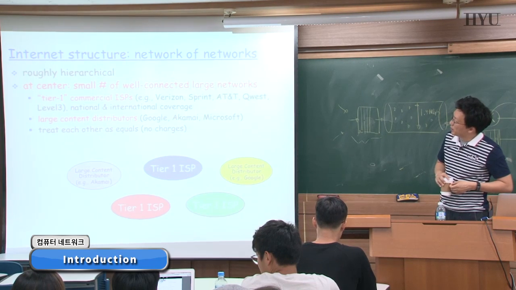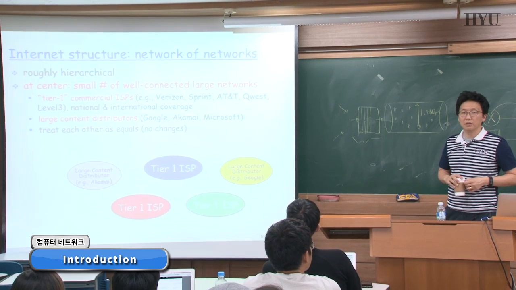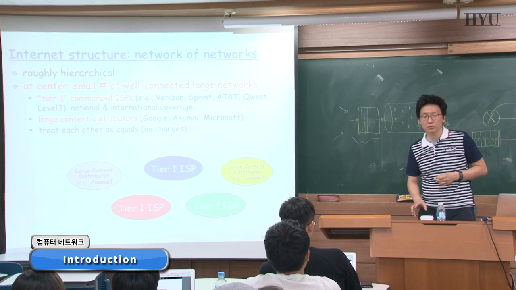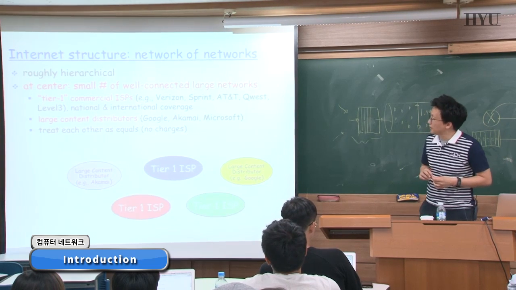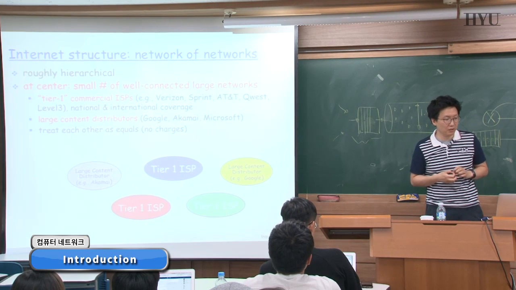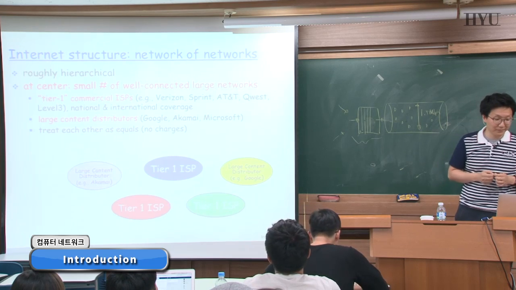Sprint is now owned by SoftBank, Japan? Right? Sprint, right? Am I wrong? Sprint is now owned by SoftBank, which is a Japanese company. The owner is Korean, but he doesn't speak Korean that much.